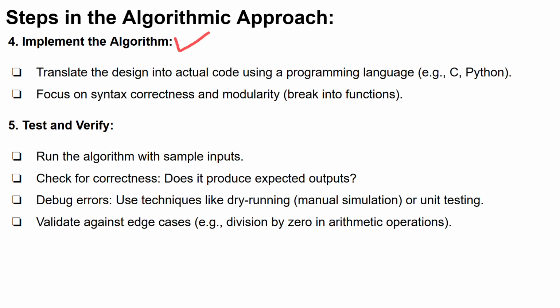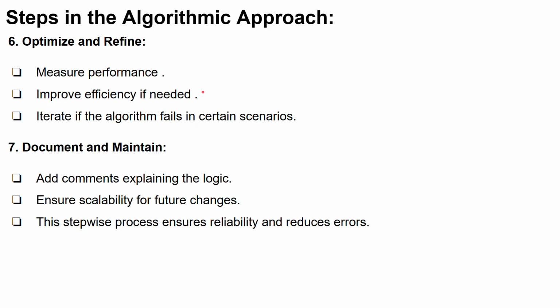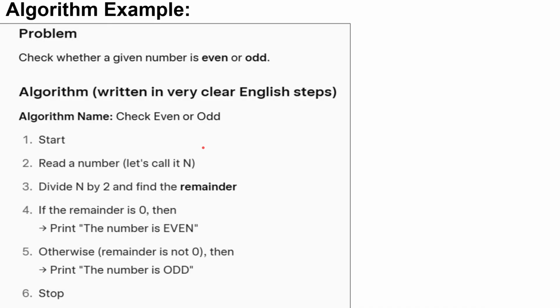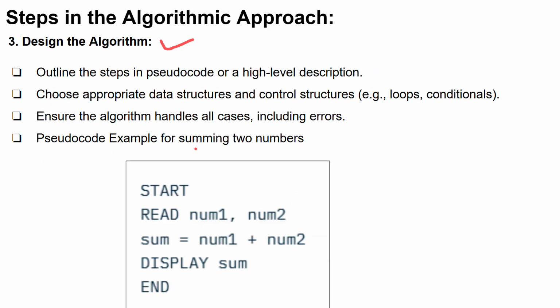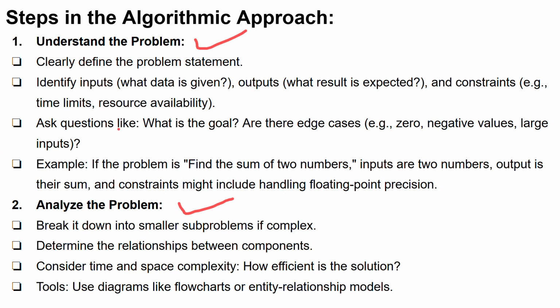Fourth, implement the algorithm. Fifth, test and verify. Sixth, optimize and refine. And seventh, document and maintain. These are the seven steps in the algorithmic approach. First we will see each of them in detail.